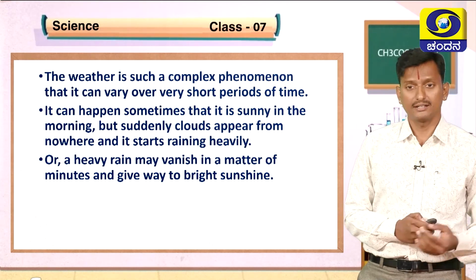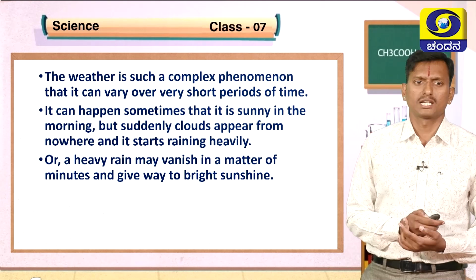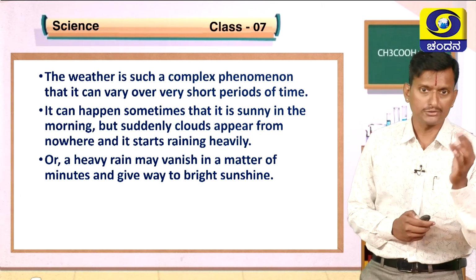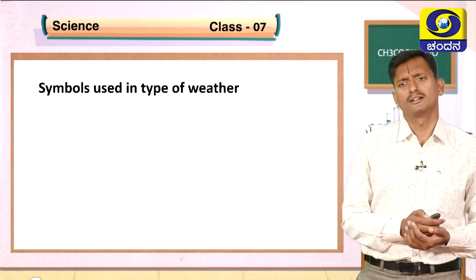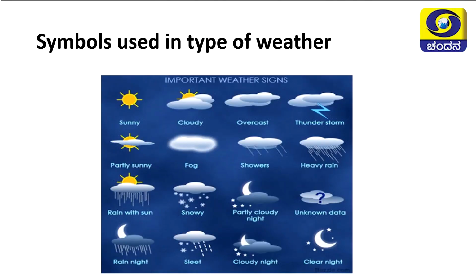That is why we say weather is a complex phenomenon. It will vary over very short periods of time. Some symbols are used for the type of weather. See here, sunny.